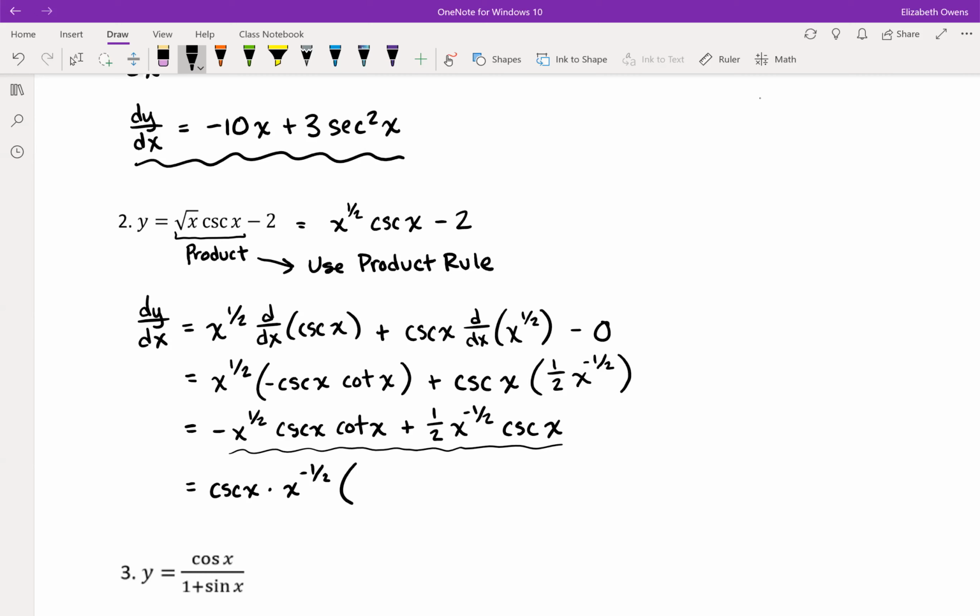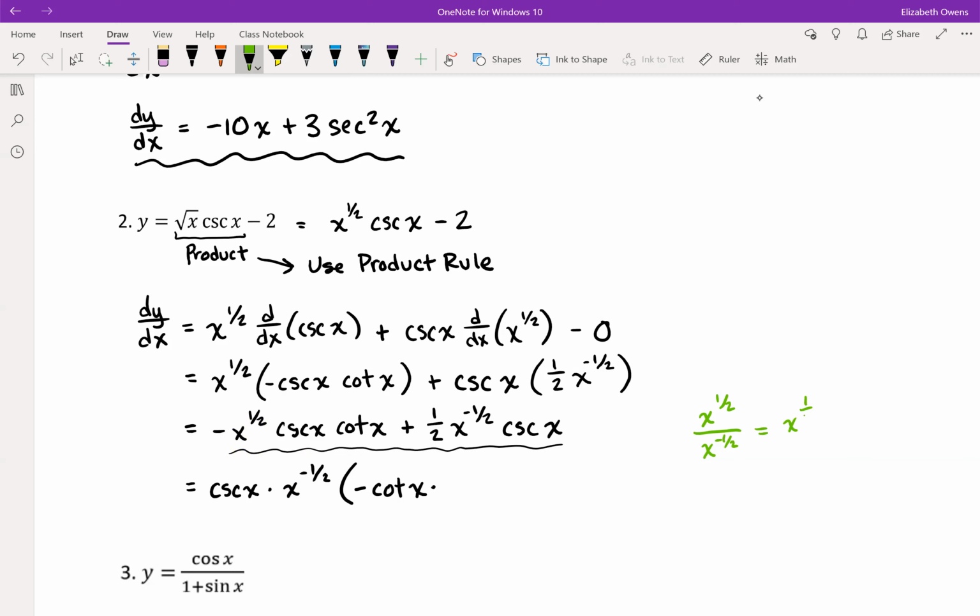All right, so in our first term, obviously we've still got that negative left over and a cotangent x. So negative cotangent x. And then to think about what's left when we factor x to the negative 1/2 out of x to the positive 1/2, if you need a little refresher on that, you can think about taking your original term, x to the 1/2, and dividing by whatever you've just factored out, x to the negative 1/2.